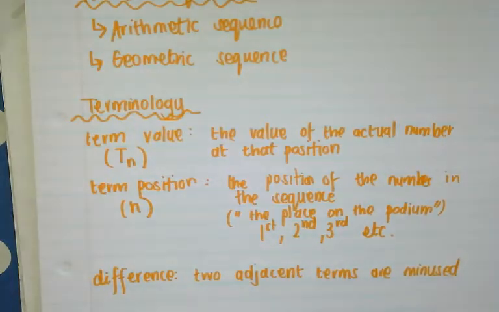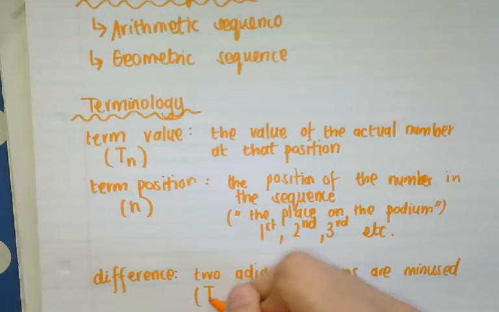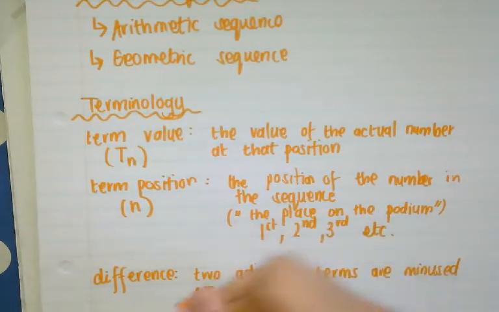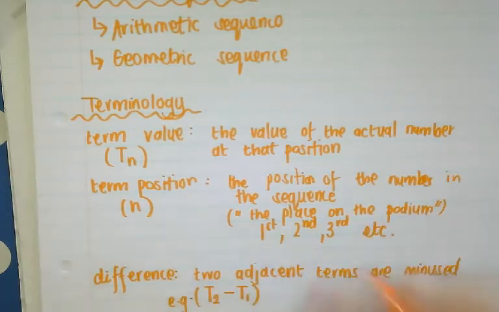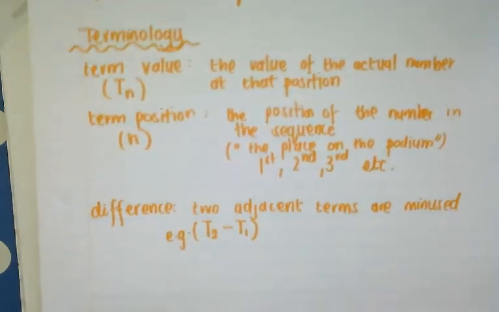The difference is when two adjacent terms are subtracted. What that looks like, for instance, is T2 minus T1 as your example, or T3 minus T2, or T5 minus T4. Always two numbers right next to each other. So that's just a difference. We still need to know what a constant difference is.